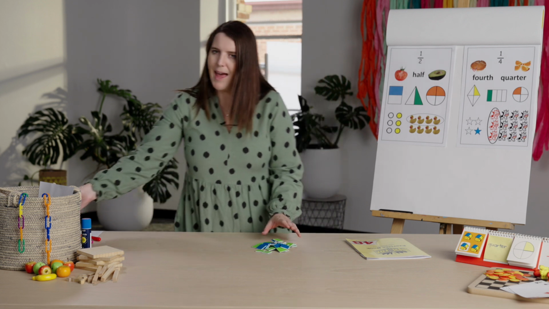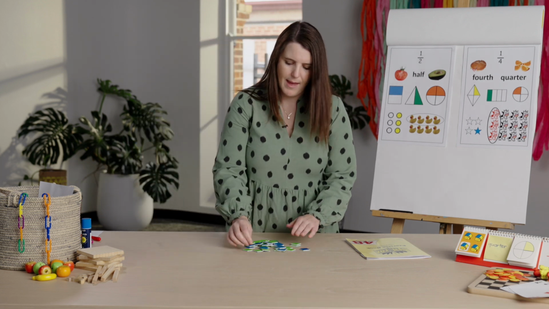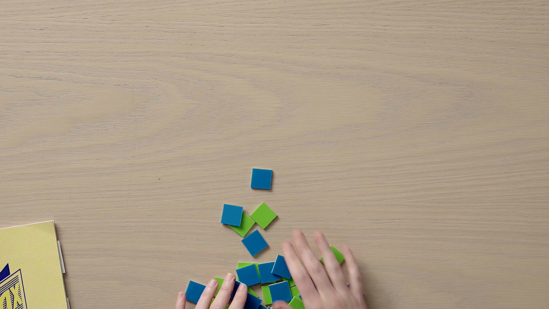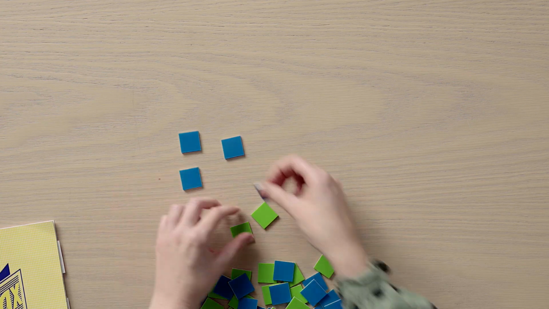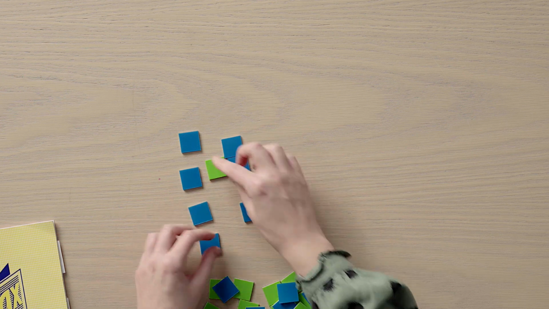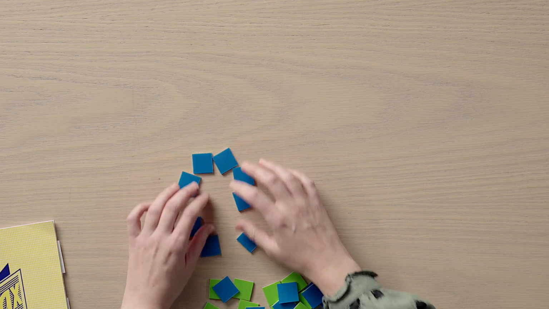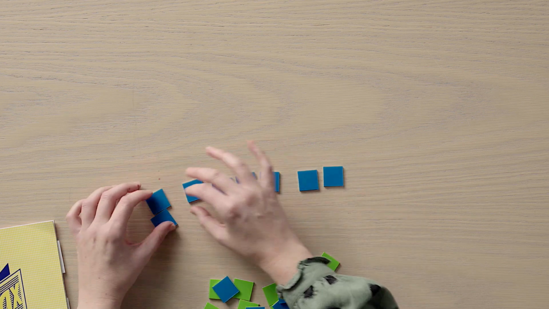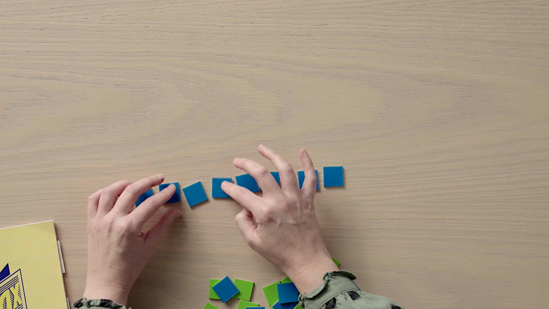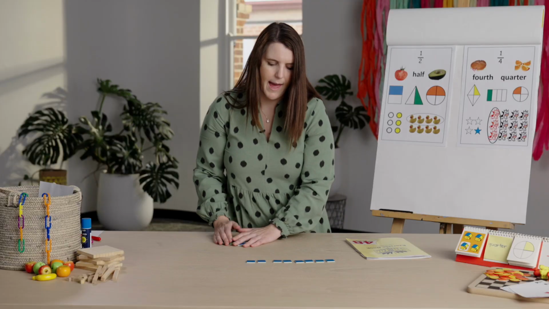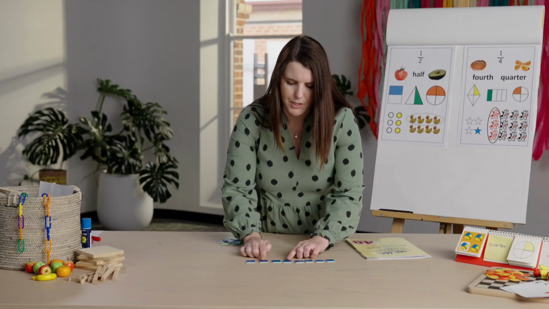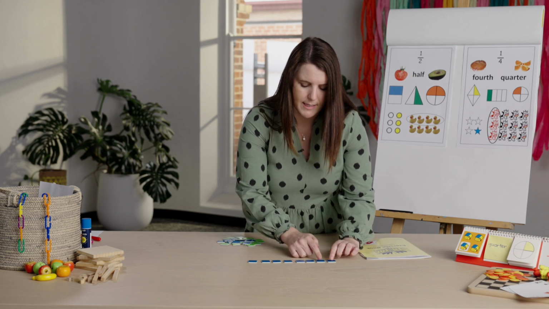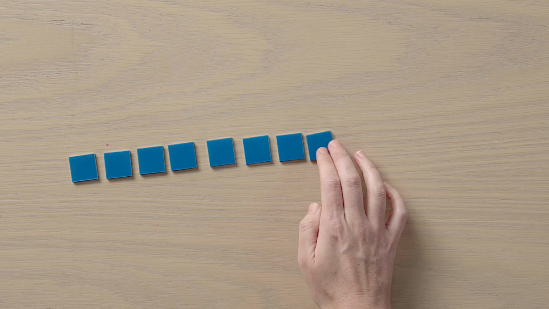So I've got some counters here, and you can see one side is green, the other side is blue. So I'm just going to start with 8 blue counters. And I'm going to put them in a line like this. Okay, now what I would like to do is show how this group can be split into halves.